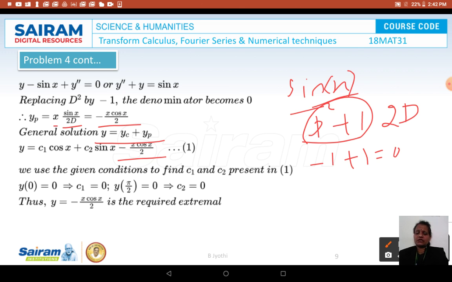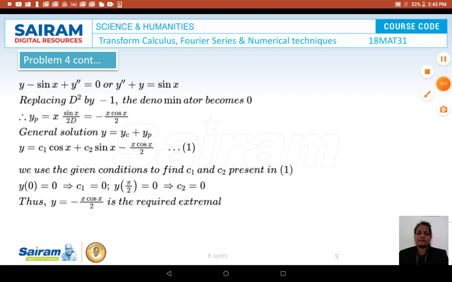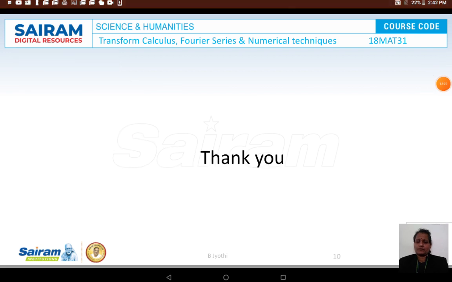The conditions given are y of 0 is 0, which implies c1 will be 0, and y of pi by 2 is 0, which implies c2 will be 0. And therefore both c1 and c2 are 0 in the first equation. Hence we get the solution y is equal to minus x cos x divided by 2, which is the required extremal. Thank you.